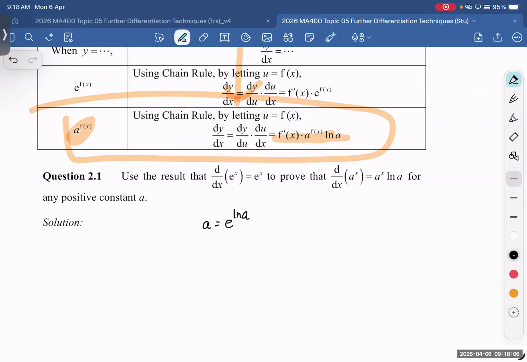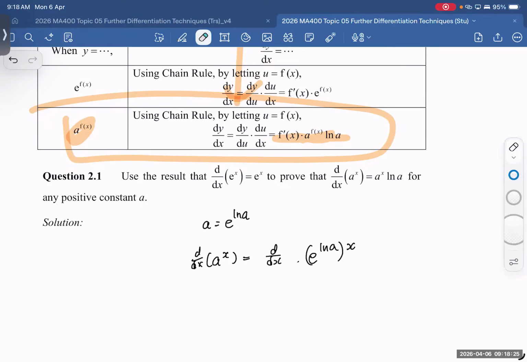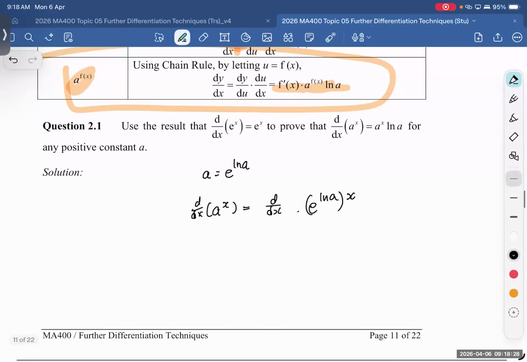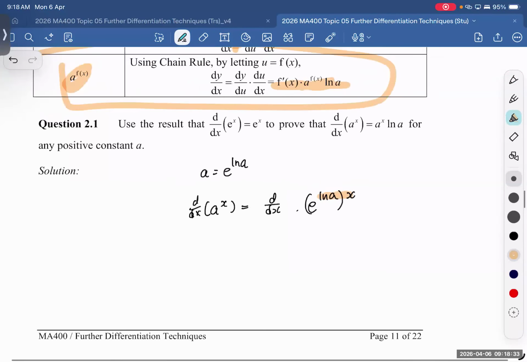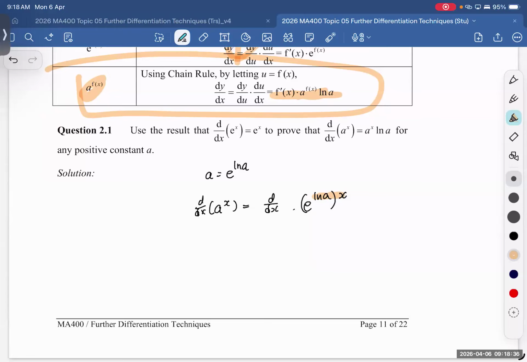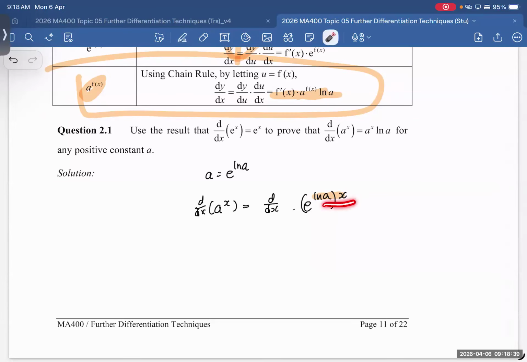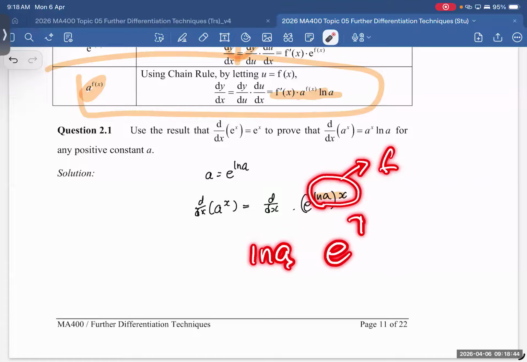So if I want to differentiate a power x, think of it as e to the power of log a power x, which is e to the power of x log a. Think of the exponent as f. When you differentiate it, the f prime will be log a. Then it will be log a times e to the power of x log a.